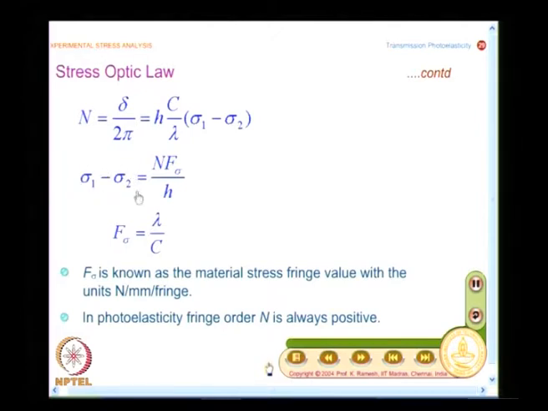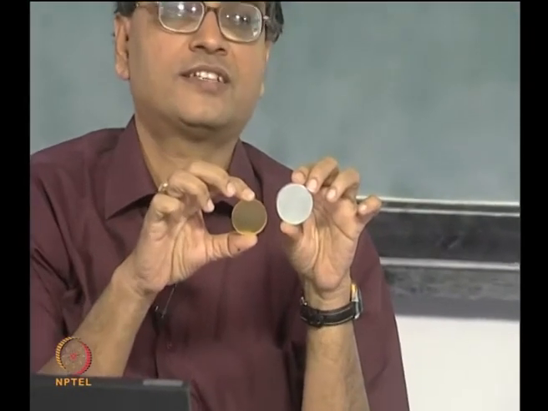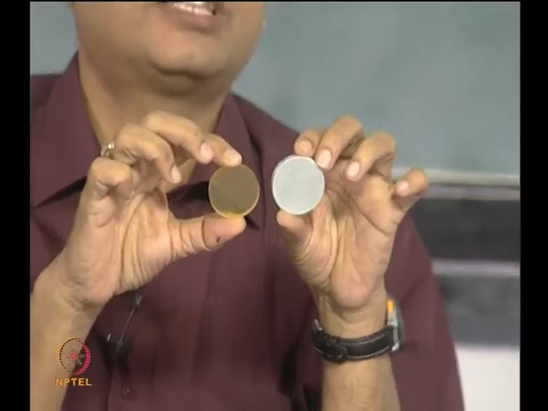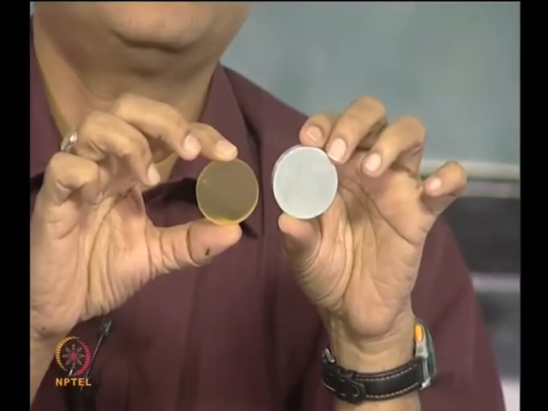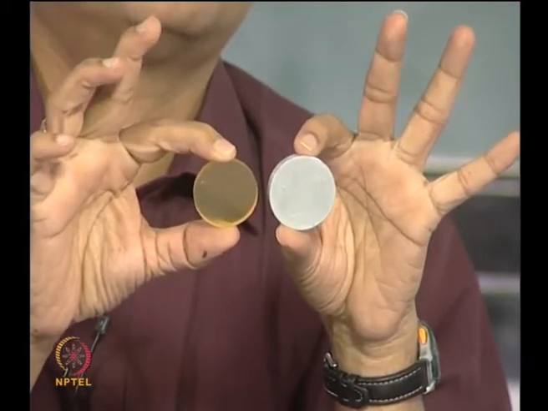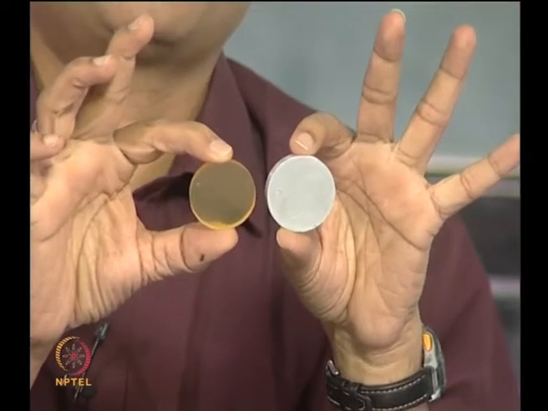Okay, let me go back to my other question that I raised about 3 classes back. I took an aluminum disc and also a polyurethane disc. I said polyurethane is one of the photoelastic model materials, and then imagine that I apply the same load.